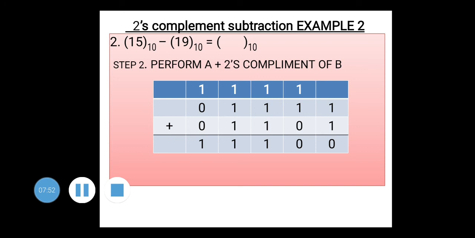The upper row is A, then B, and after addition whatever carry is generated is highlighted in the blue row. After addition you can see that no end around carry is generated. A is 5 bits, B is also 5 bits, and the result is also 5 bits. The 6th bit is not generated, so the end around carry is not generated.